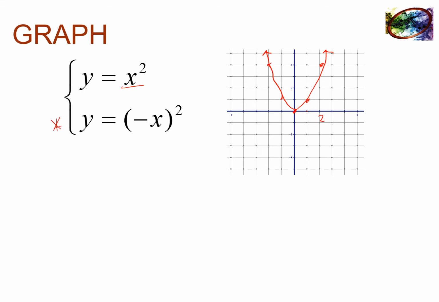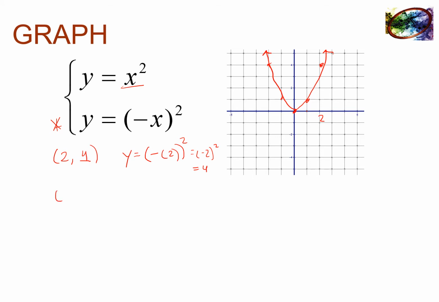What is this second part asking for us? It's asking us to graph y equals opposite of x, quantity squared. So let's say I wanted to plug in the point 2. What would I get out for this second graph? If it's y equals parentheses opposite, and I'm plugging in the number 2 and quantity squaring it, that's going to be opposite of 2 quantity squared, but it's still going to equal 4.